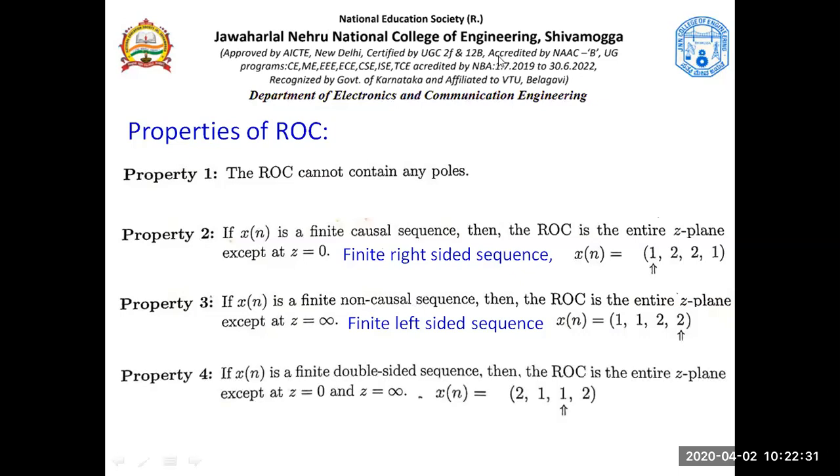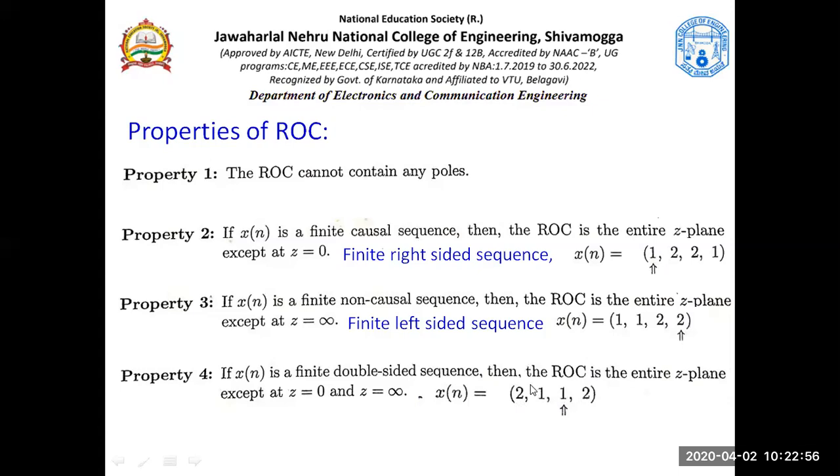After discussing the right-sided sequence and left-sided sequence, it's the turn for the two-sided or double-sided sequence. The right-sided sequence looks like this, the left-sided sequence looks like this. In a double-sided sequence, you have the negative side as well as the positive side, or the left side as well as the right side. Understand that?